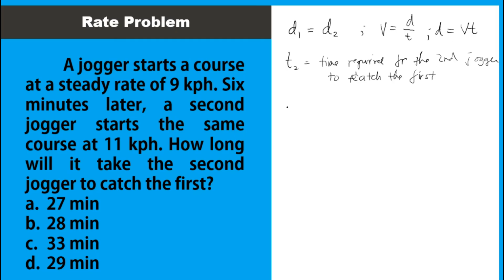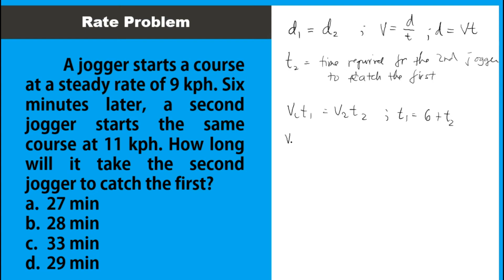So v1 times t1 is equal to v2 times t2. Let's take note that the first jogger already jogged for 6 minutes. So the total time for jogger 1, that is t sub 1, is 6 minutes plus the time it takes for the second jogger. This is the total time required for the first jogger.